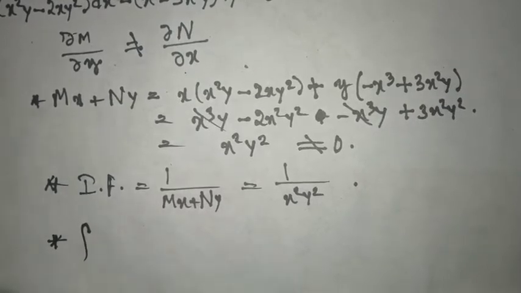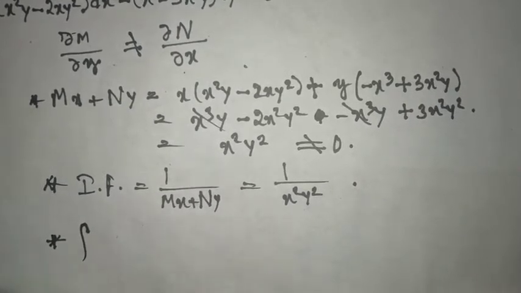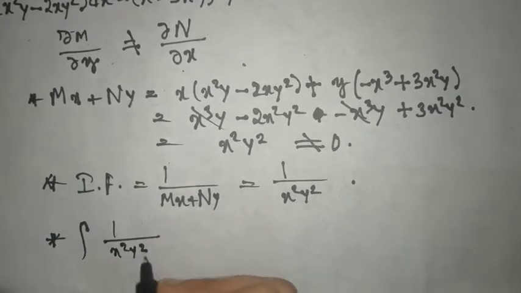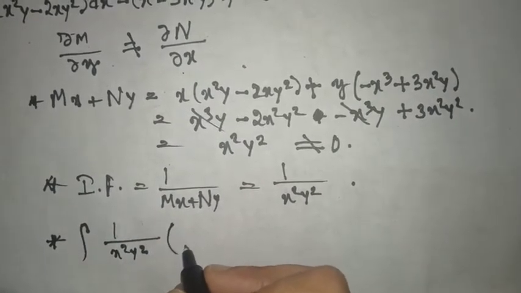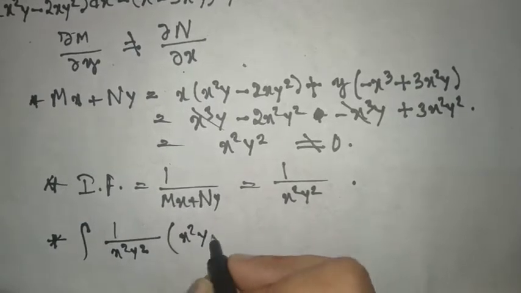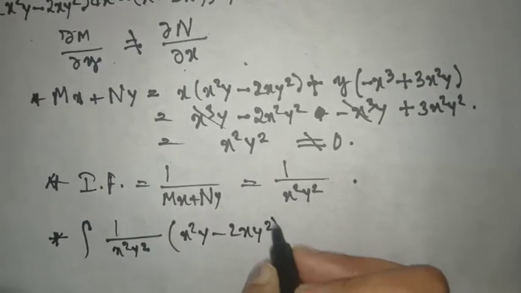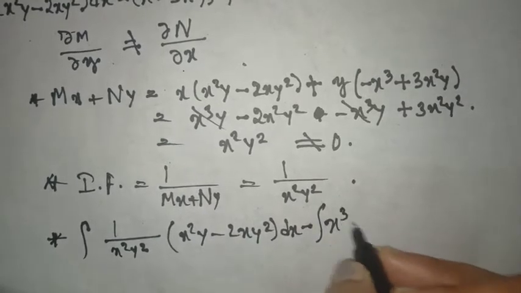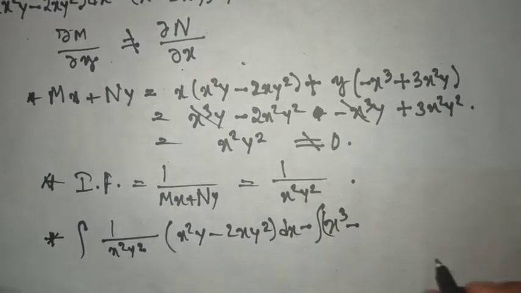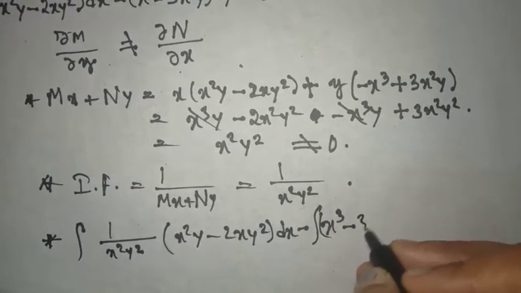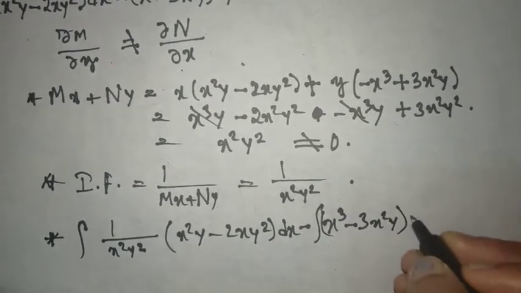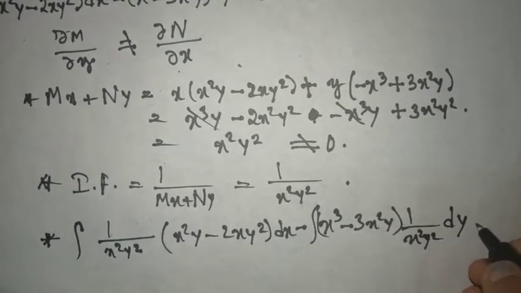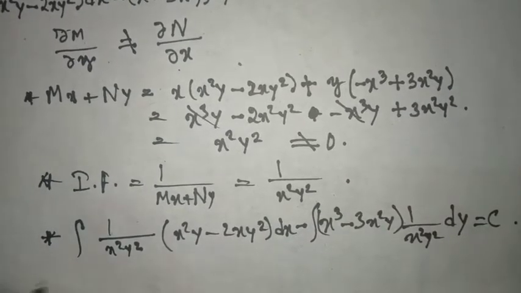for finding the solution we will integrate it. So here this is integration of 1 by x square y square into (x square y minus 2xy square) dx minus integration of (x cube minus 3x square y) into 1 by x square y square dy is equal to c.